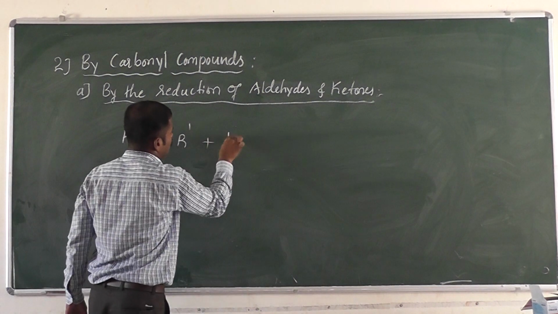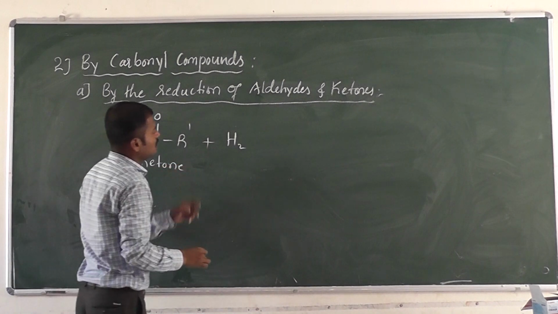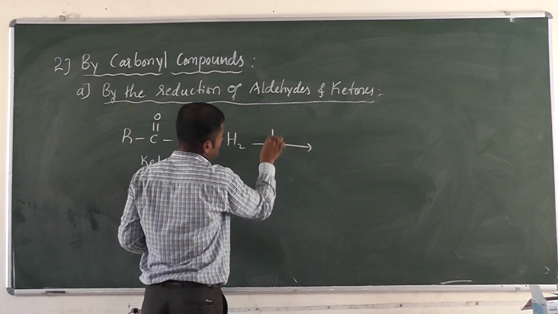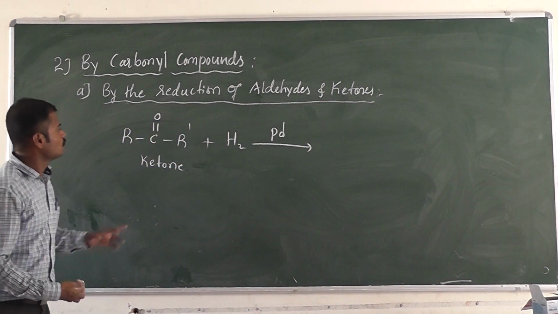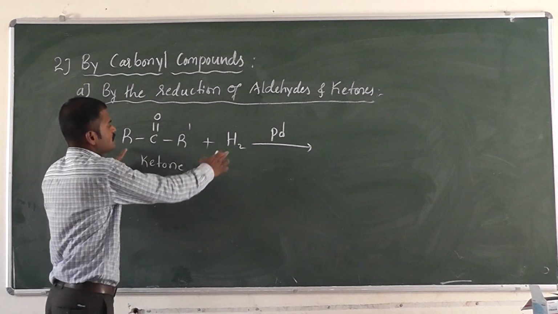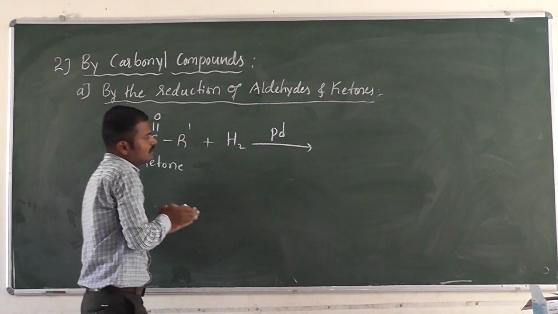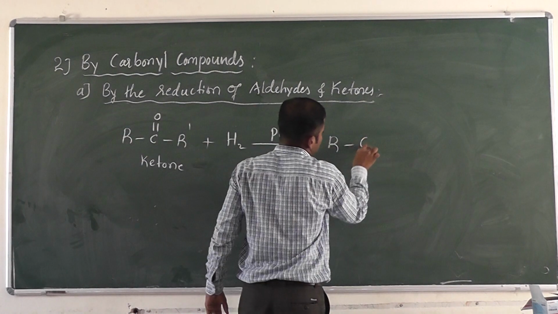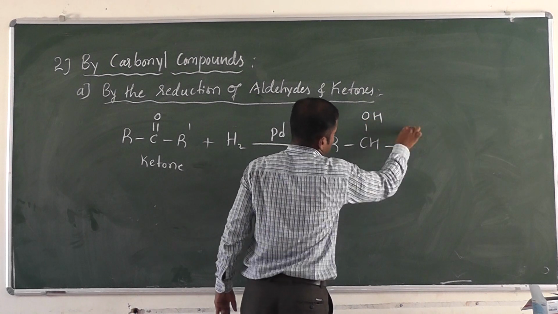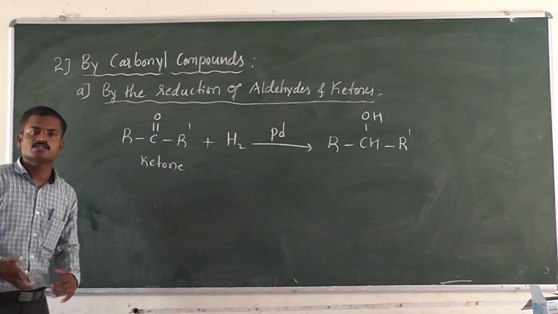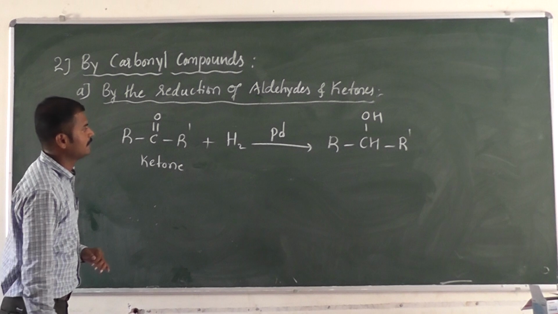When it reacts with hydrogen, that is reduction in the presence of the catalyst palladium, in the same fashion one hydrogen bonds with the oxygen and one hydrogen bonds with the carbon. So RCHOHR' is the product, that is alcohol.